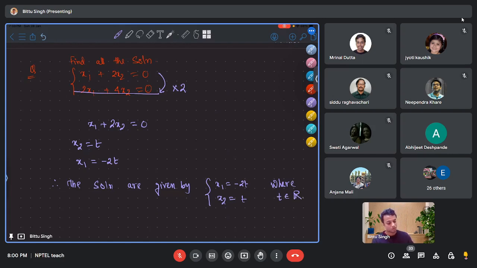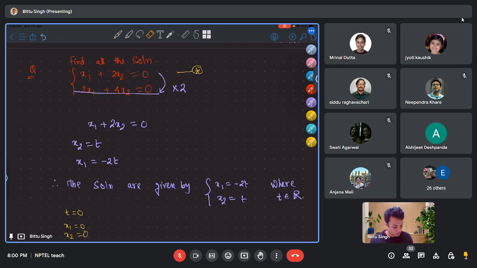For example, put t as 0. You will get x1 is 0 and x2 is also 0. You can see this satisfies the equation star, because 0 plus 2 times 0 is 0.